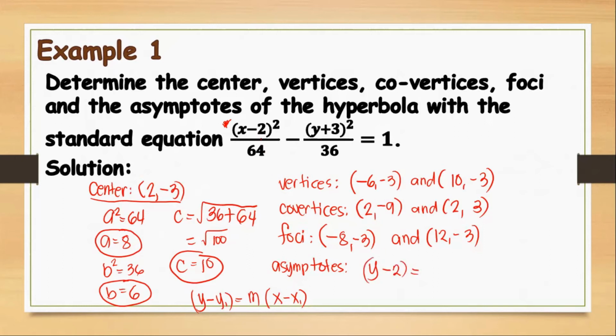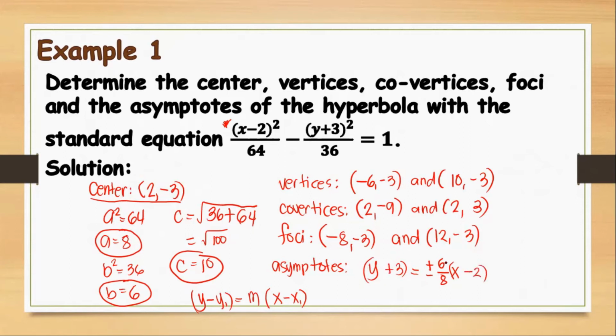Since it is an x, our b here will be our numerator and our a will be the denominator. So that's plus or minus 6 over 8 times x. Sorry, no, it's not y minus 2 but y plus 3. Okay, y plus 3, that is the center, then x minus 2.